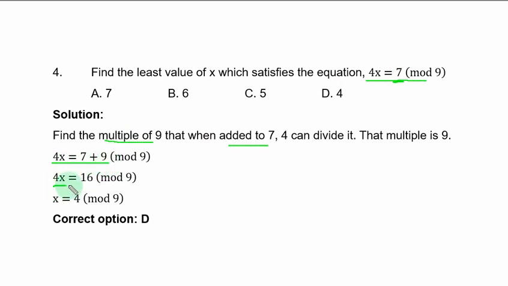So 4s is equal to 16 modulo 9. You divide through by 4, you have s equal to 4 modulo 9. So s is equal to 4 is the least value that will satisfy the equation. D is the correct option.